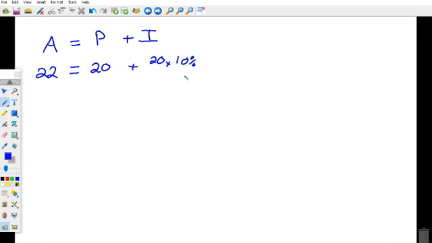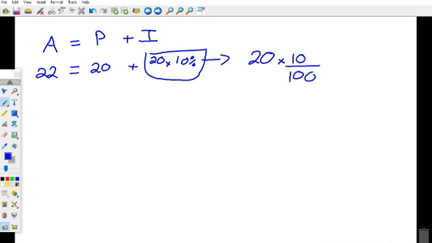Now, let's expand on that. 10% is the same as multiplying by 10 over 100. Do you see that? So this is how we get a simple interest formula.